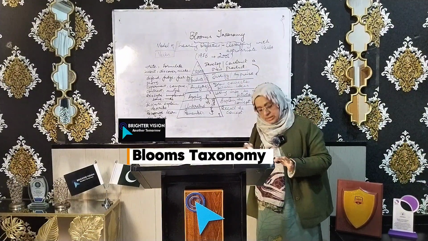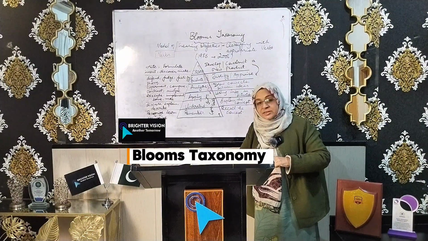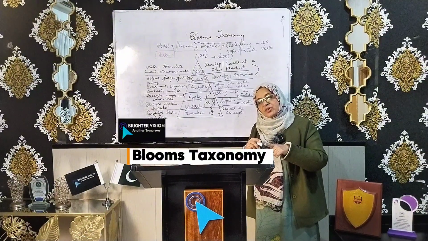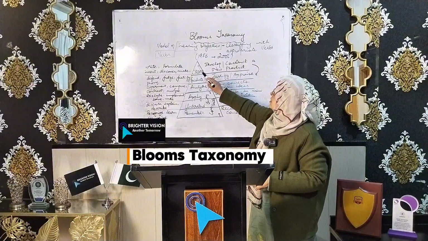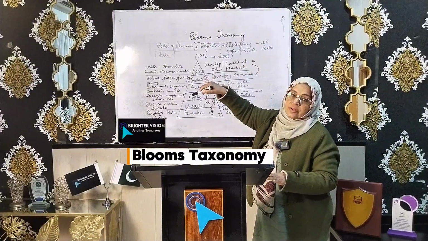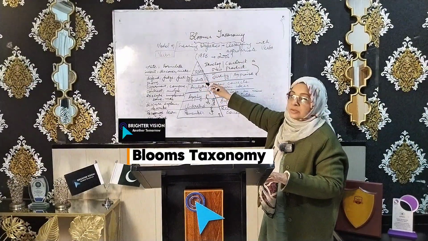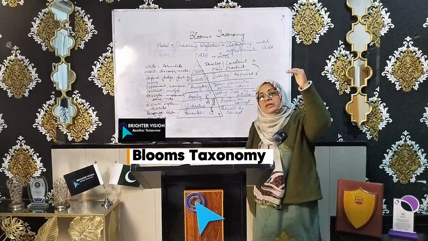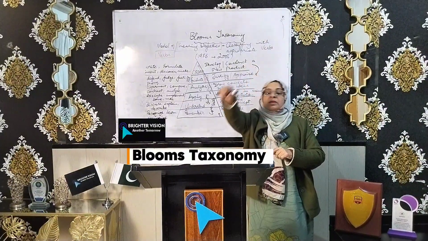But in later discoveries or researches, it has been evaluated and confirmed that creation is even at the higher order level of learning rather than evaluation. We may evaluate the thing, but if we want to create, we have to go even to the upper level.